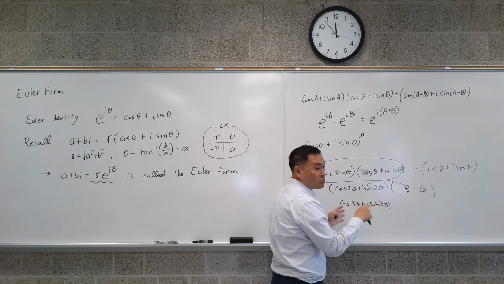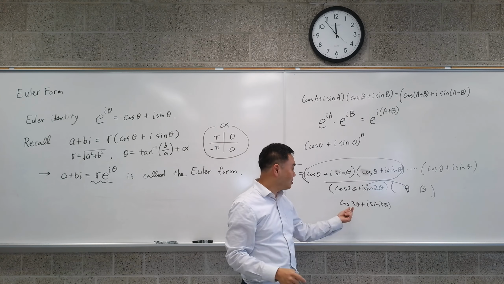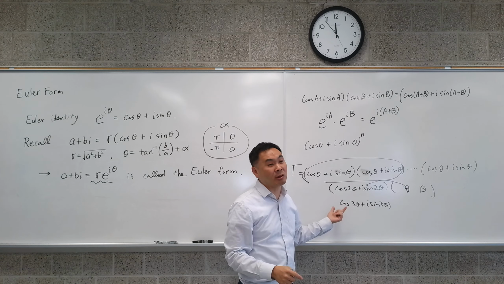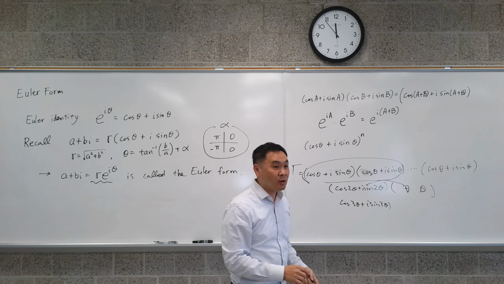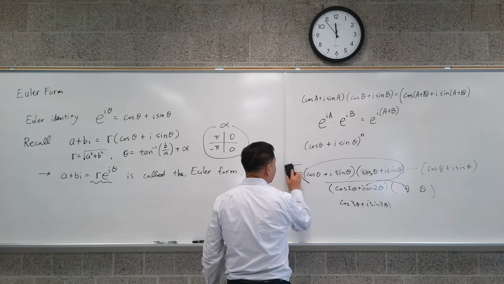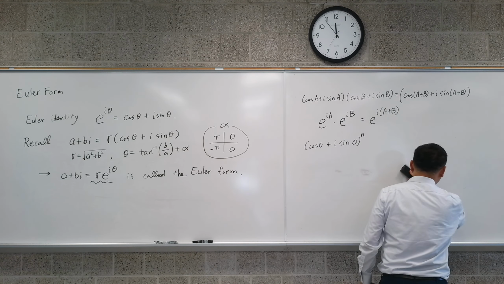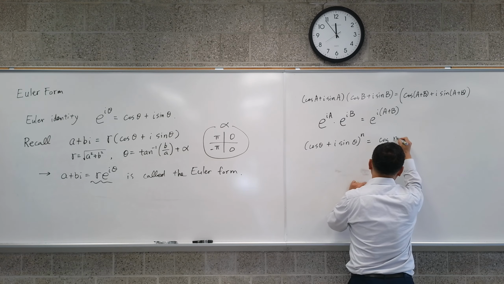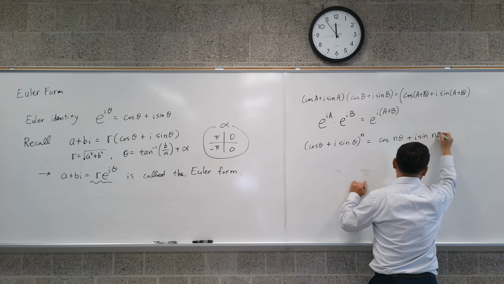And keep doing that. If n is like 100, then you keep doing this, racking up all the coefficient of theta, you end up with cosine 100 theta plus i sine 100 theta, right? So because of all that, we know that this is going to end up being equal to cosine n theta plus i sine n theta.